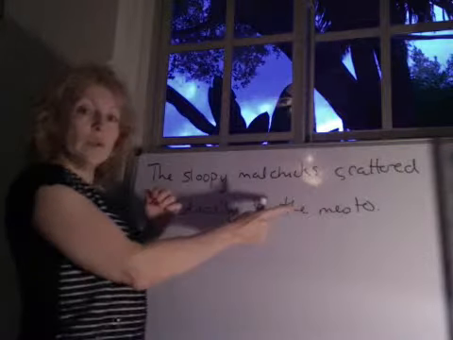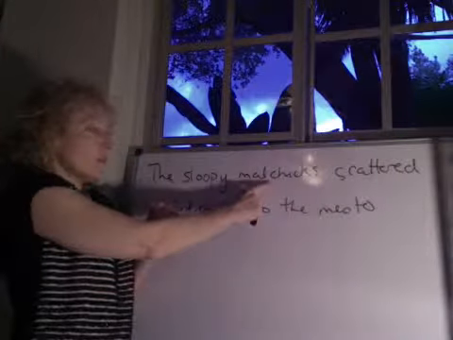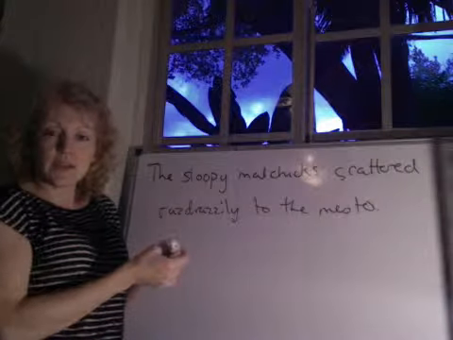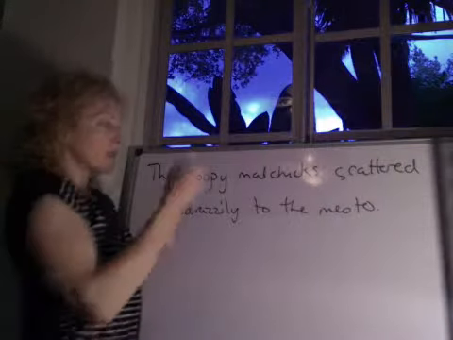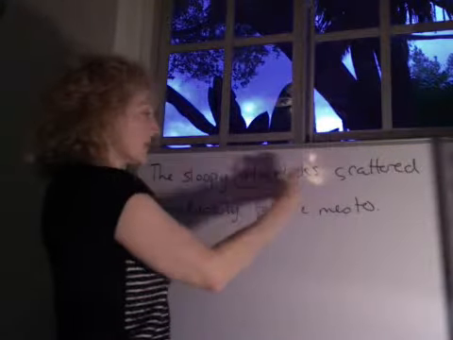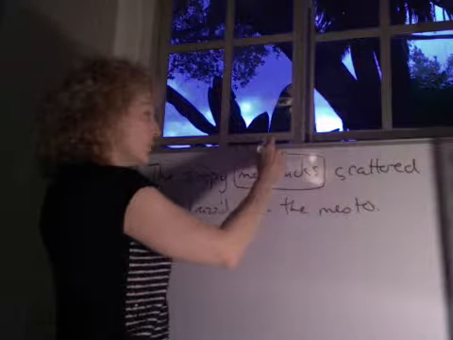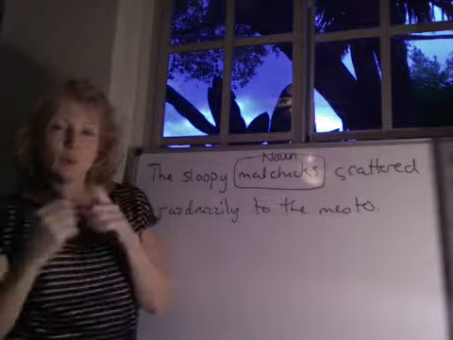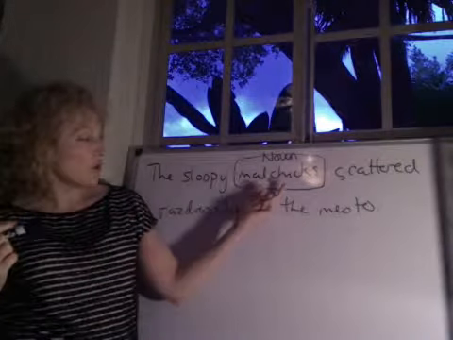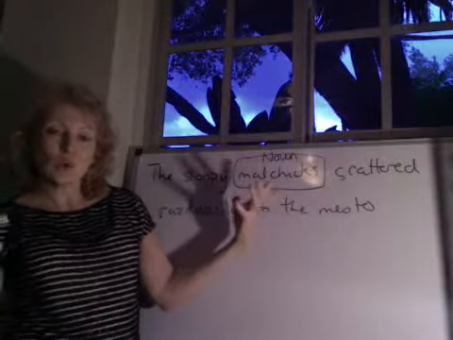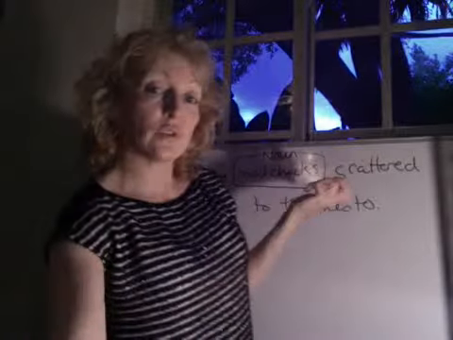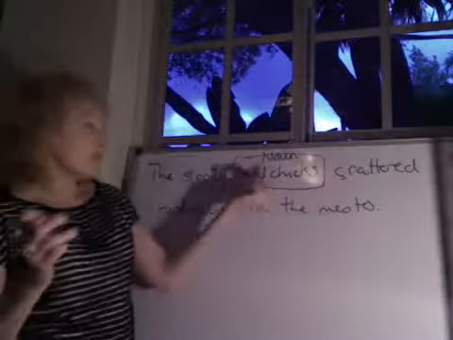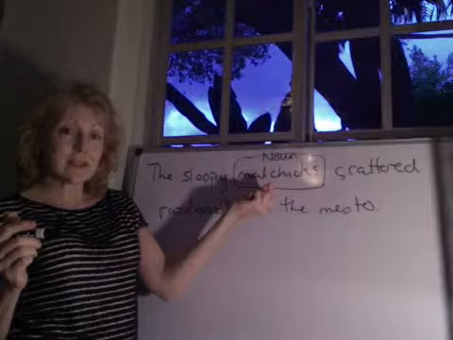However, if you think about it, in looking at this sentence, the sloopy male chicks scattered drowsily to the meadow, we could determine that the word male chicks actually is a noun. If we wanted to label it in terms of its syntactic category, we would label it as a noun. And why is that? What is it about this word that lets us know that even though we have never heard of this word, it's functioning as a noun in this example?